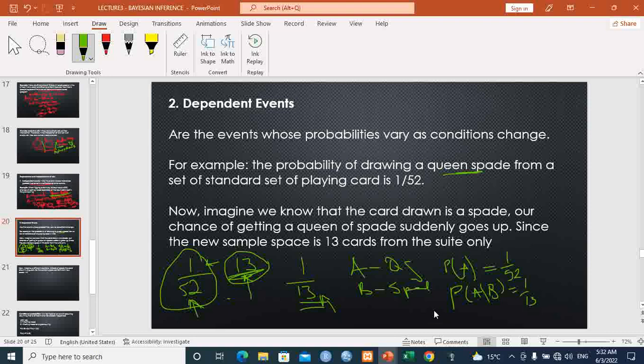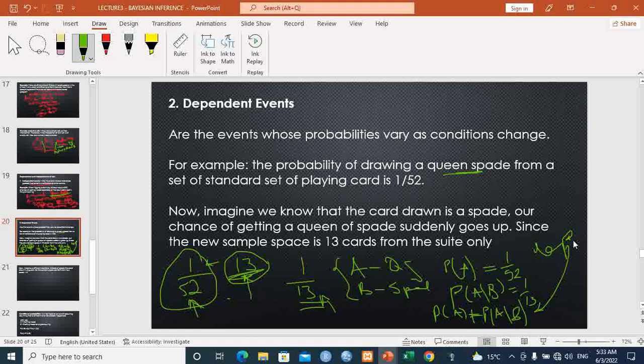So probability of A is not equal to probability of A given B. They are not equal. So in this case, we say these two events are dependent events.